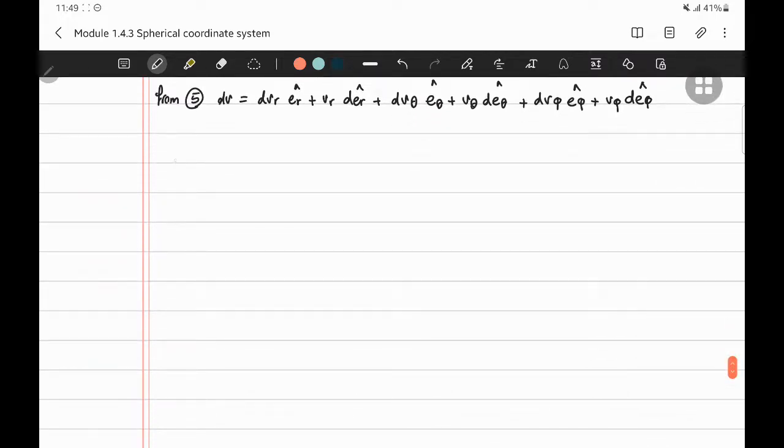So v_r is a function of r, theta, and phi.